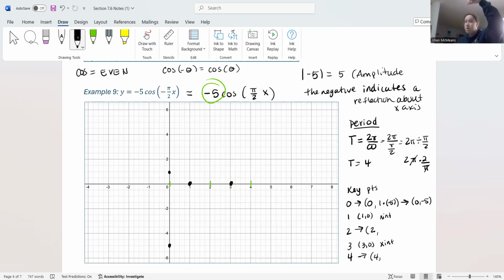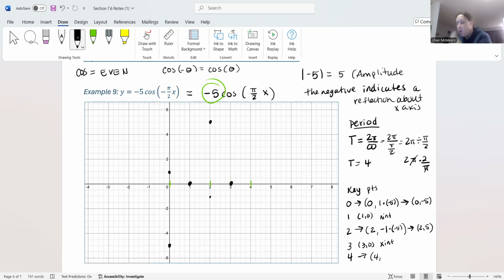Not only were we stretching it, we're reflecting it. Then at 2, that would have originally been a minimum, down here. So we take -1 and multiply it by -5, and that gives me (2, 5). That's now a maximum.